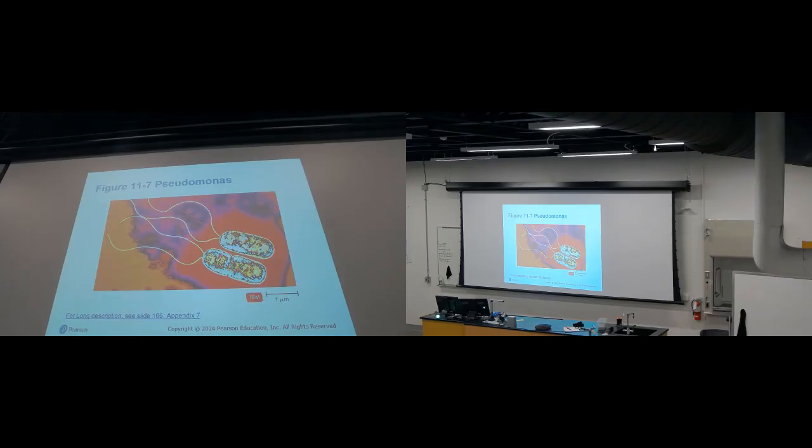Pseudomonas aeruginosa is highly resistant to disinfectants and also to antibiotics. So here we have a transmission electron micrograph with Pseudomonas, and they are rod-shaped, gram-negatives, of course, with this polar flagella. This is undergoing binary fission, as you can see, by the formation of a septum in between these two cells.